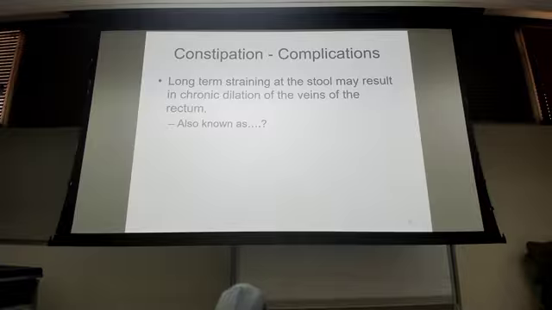So long-term constipation complication: straining of the stool, straining when on the toilet, results in chronic dilation of the veins of the rectum, known as hemorrhoids, internal and external, right? So chronic straining leads to hemorrhoids, and then we're going to talk about lower GI tract later this week.